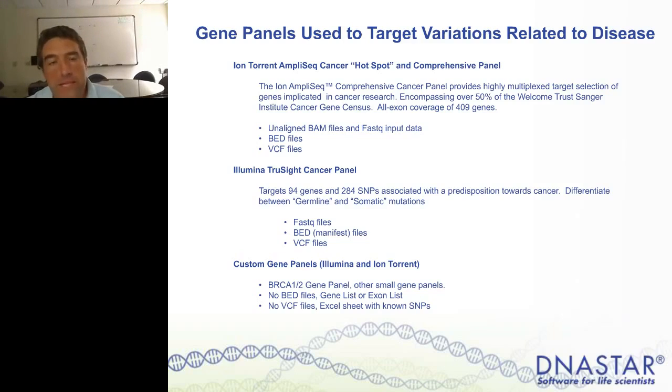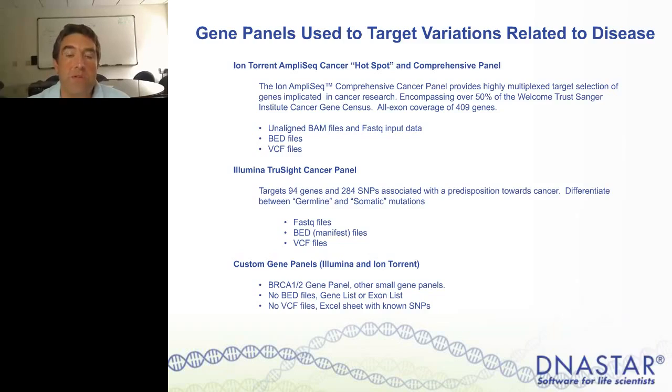That includes the input data. The input data is usually a FASTQ file as a starting point, or it could be an unaligned BAM file if you're an Ion Torrent customer. There's also a bed file that specifies the targeted regions, and a VCF file that contains a lot of information, but essentially it's a list of the high confidence SNPs that are in your panel.